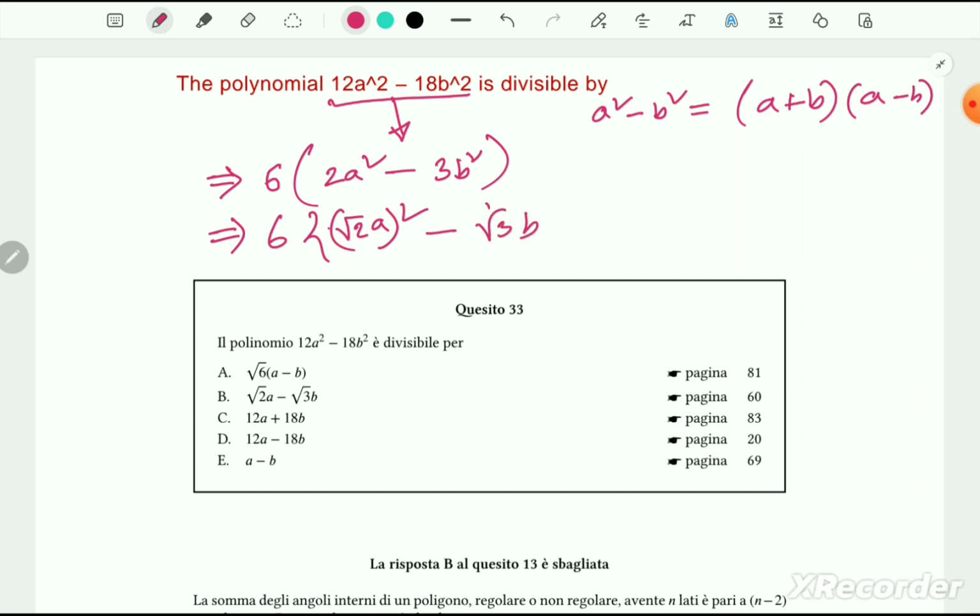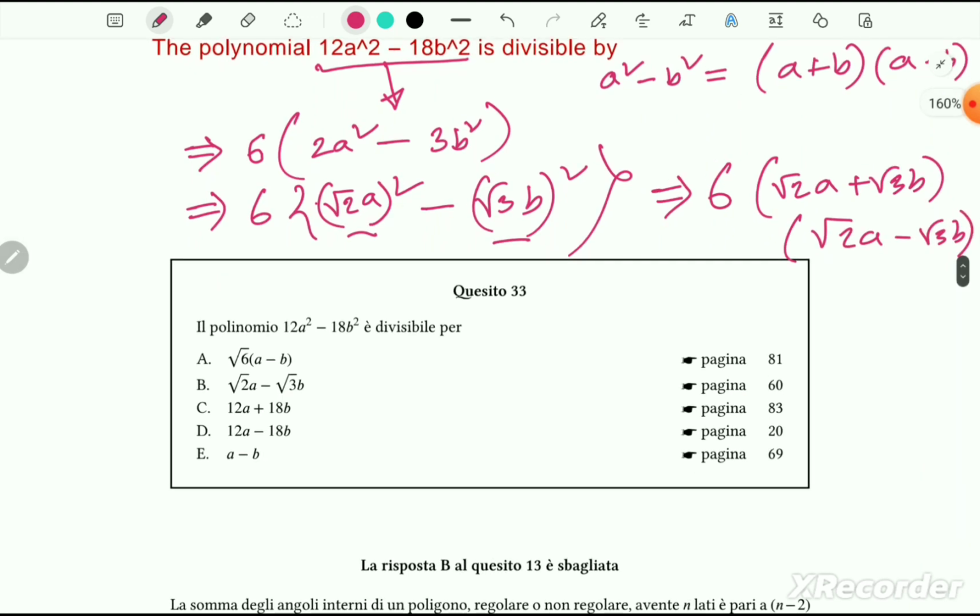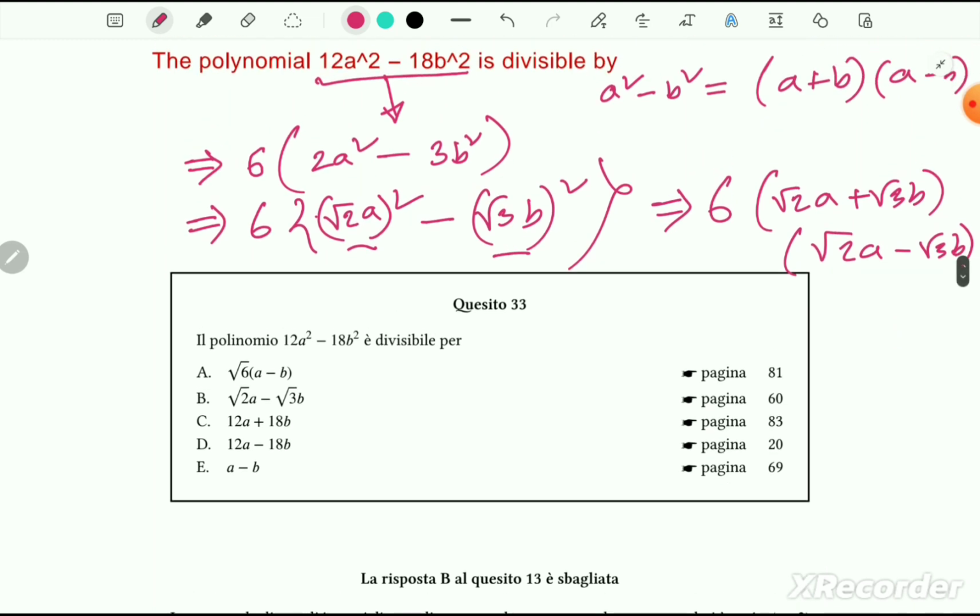So we can consider this is a, this is b. So a square minus b square. Now we can write the equation 6 into root 2a plus root 3b, into root 2a minus root 3b. Now these are the factors.